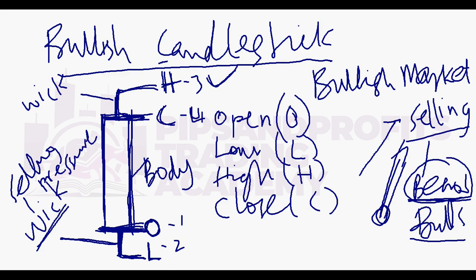So at this point, we are saying that there was some form of what? Rejection. You may be hearing some of these terms as we start trading properly. So this is what the candlestick speaks of.